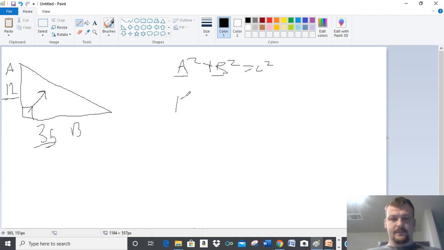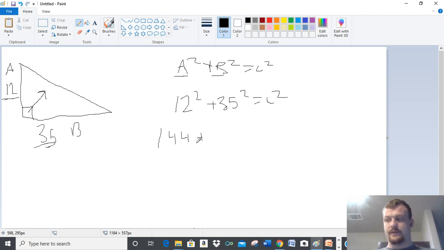So it comes out to be 12 squared plus B squared, which is 35 squared, equals C squared. Alright, 12 times 12 is 144. I actually did know that one in my head. 35 squared I do not know.